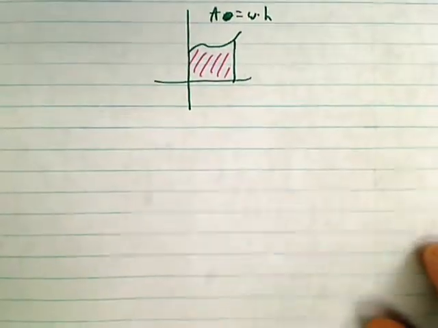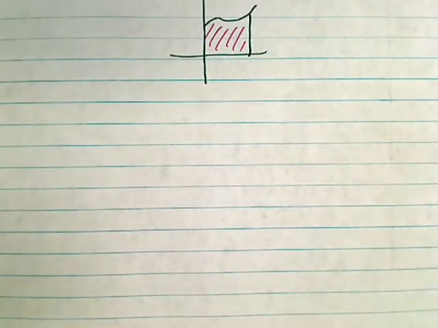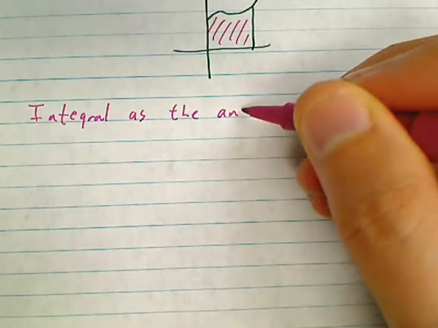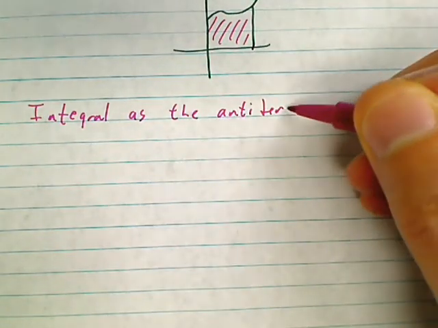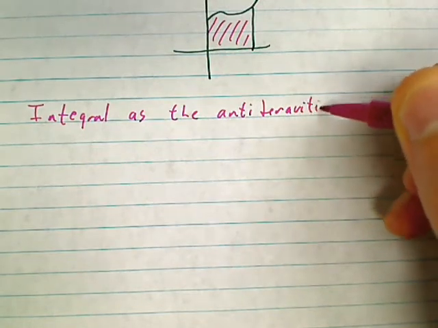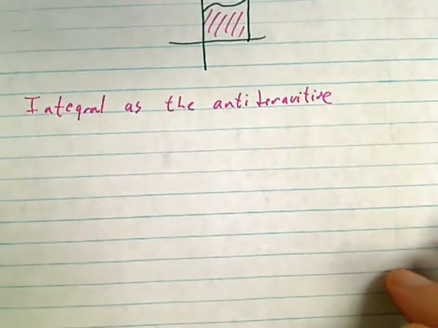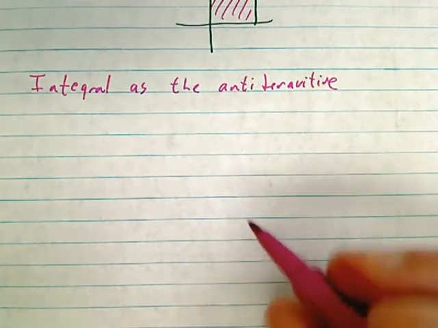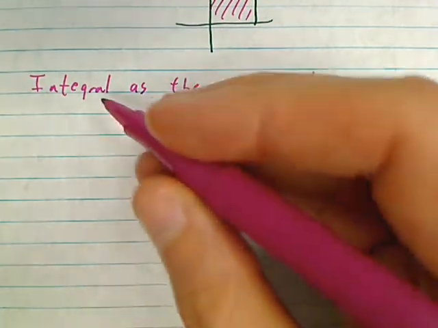One more thing I want to note here in my notes. Okay, the integral as the antiderivative. The integral is the antiderivative, and first I'm going to give you the formula.